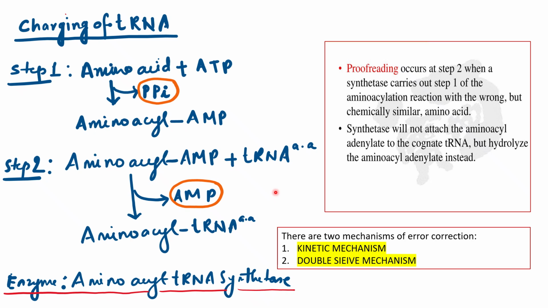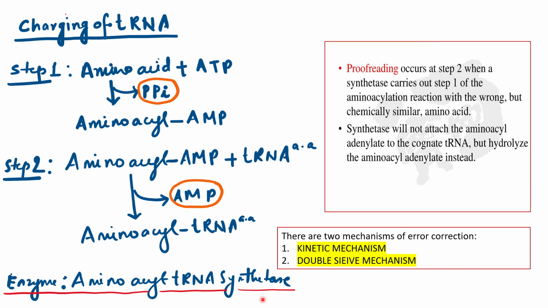This happens because, in the presence of tRNA, the amino acid has more affinity for the tRNA compared to AMP. So it gets esterified to the tRNA, releasing AMP as a byproduct on the active site of the enzyme. The enzyme that carries out this reaction is aminoacyl tRNA synthetase.